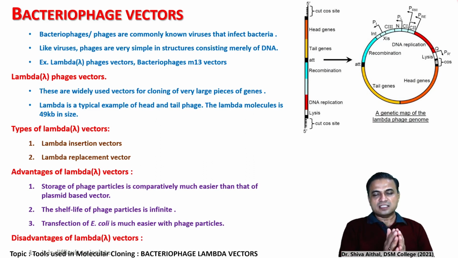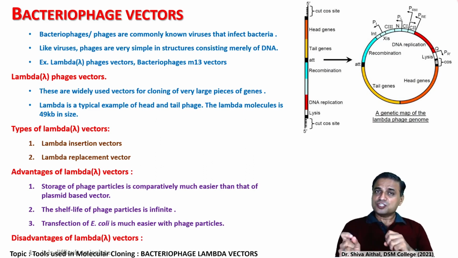Means as long as they get the desirable conditions like temperature, host, etc., they will remain in a dormant stage and they can be stored for long durations of time under proper virological microbiological conditions.